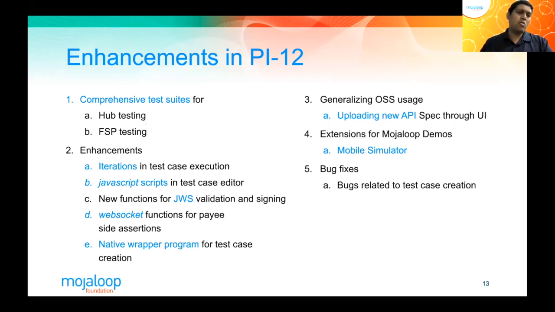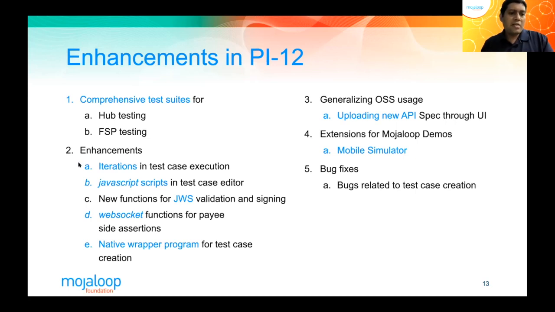In the Postman OSS collection, there is no JWS validation. We are just validating the protected headers. There is no JWS validation with the public key of the DFSP, but we added that feature here. And we have good coverage for FSP implementations, both positive and negative scenarios.